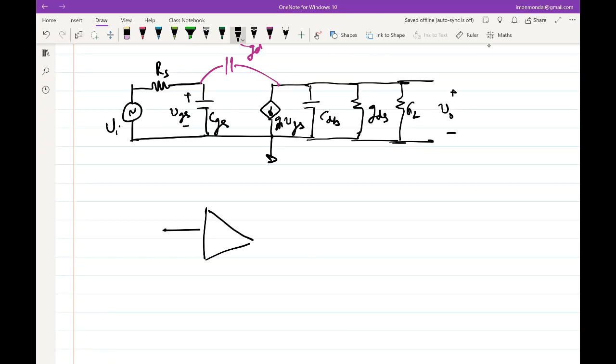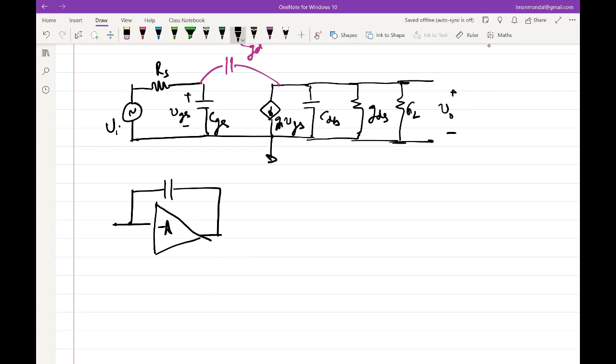So if you have a voltage controlled voltage source, right, of value minus A, and let's say you put a capacitor, you can put any capacitor, inductors, resistor on any contraption around it.